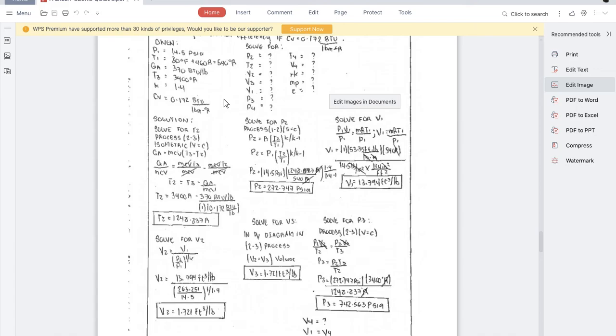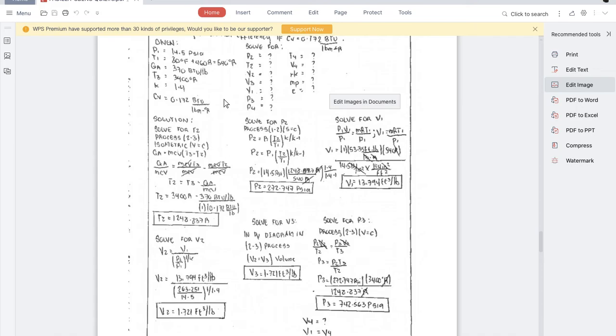Next is for the V2. The formula for V2 is P2 over P1 raised to k minus 1 over k equal to V1 over V2 raised to k minus 1. What we get is V2 equal to V1 over P2 over P1 raised to 1 over k.